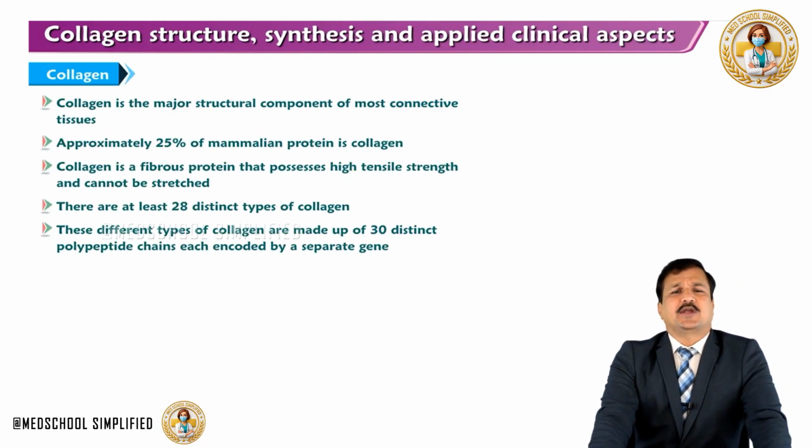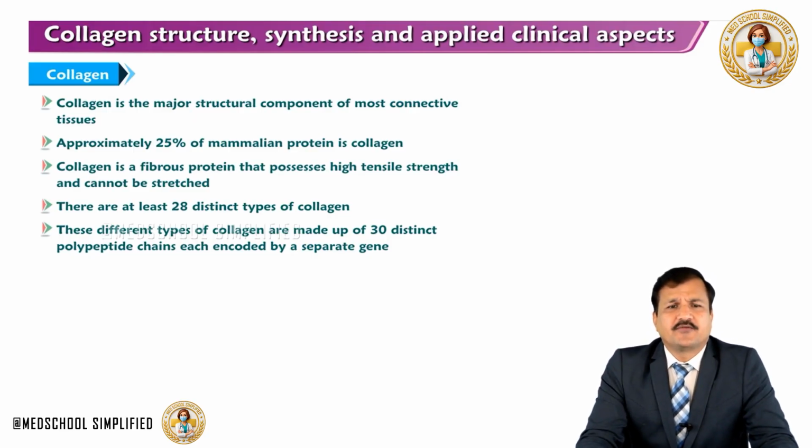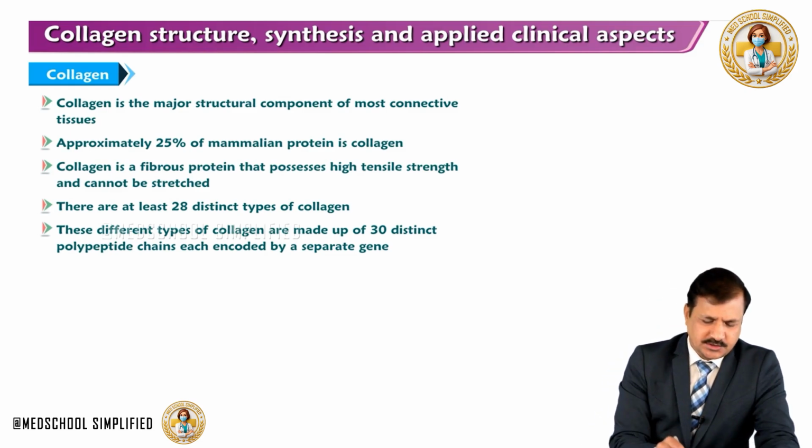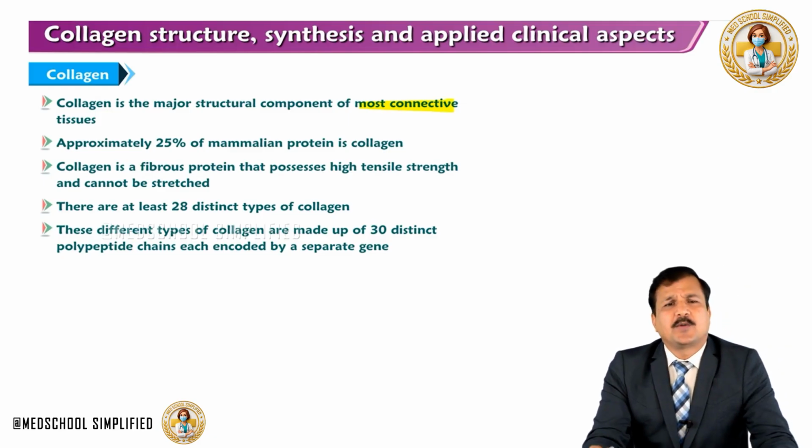Now, one of the important components of the fibrous elements, or structural proteins, present in the extracellular matrix is collagen. Collagen is the major structural component of most connective tissues. Approximately 25% of mammalian protein in the body is collagen.